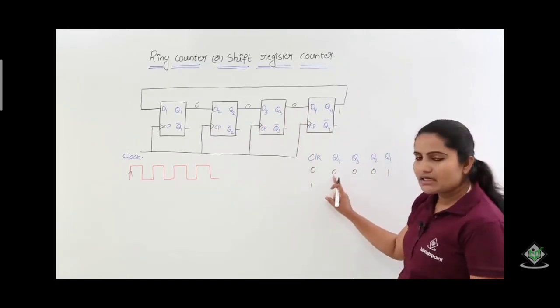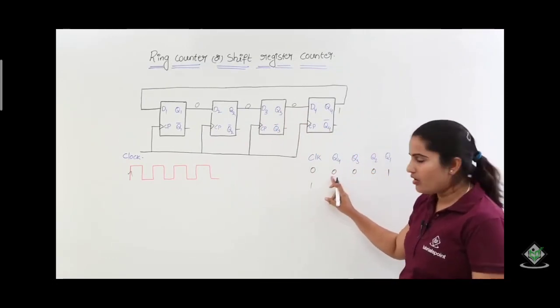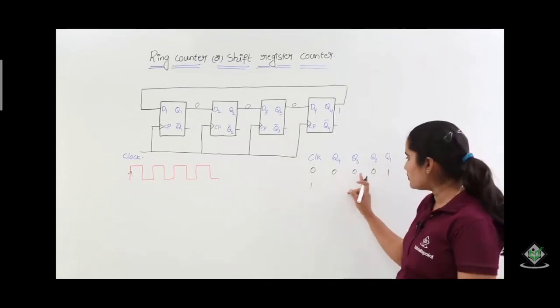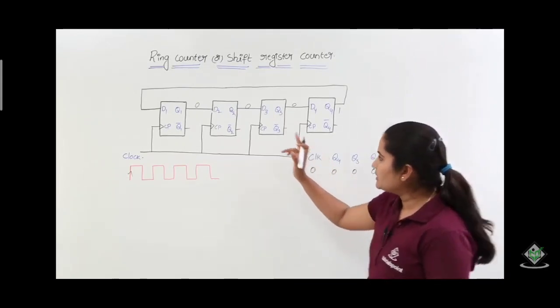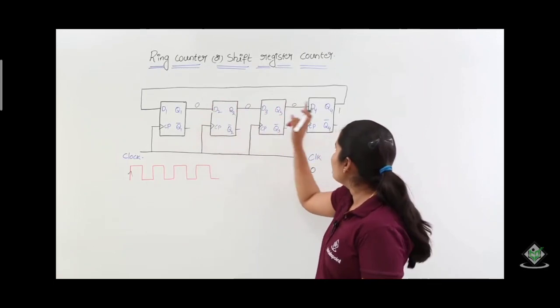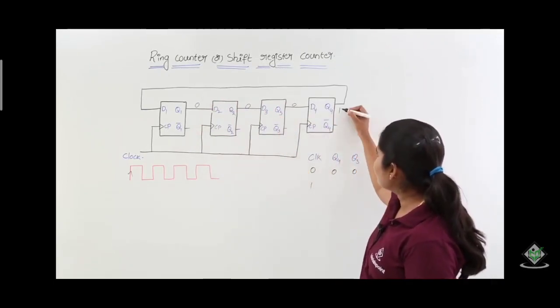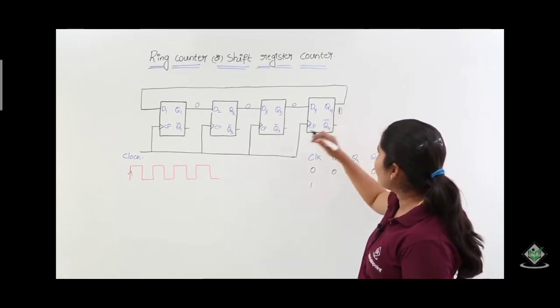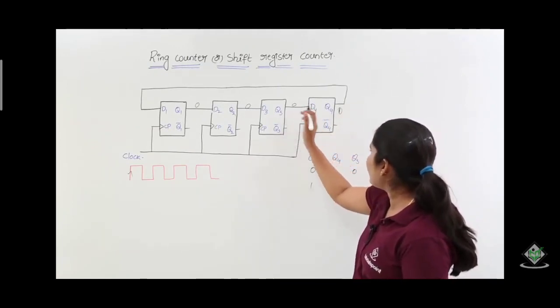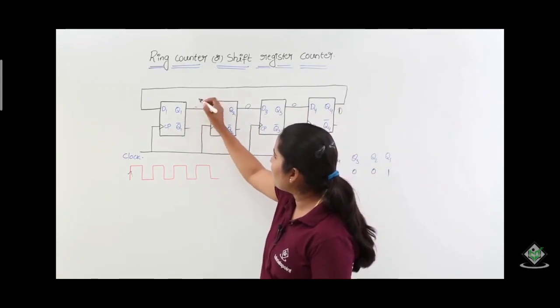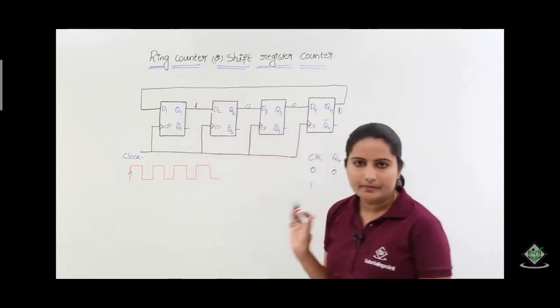So I am considering the initial data of this register as 0001. Where I am considering 1 means at the place of Q1 I am considering 1.